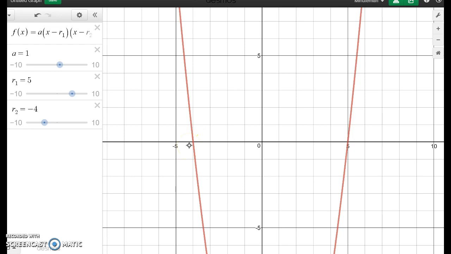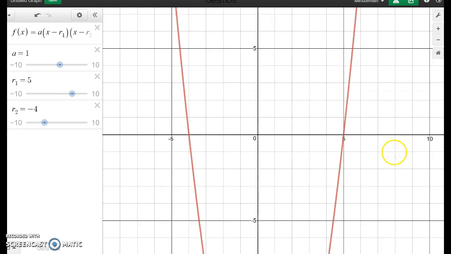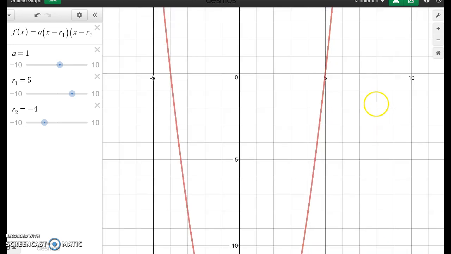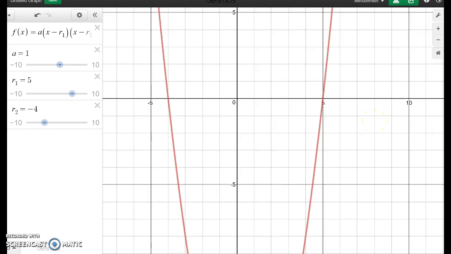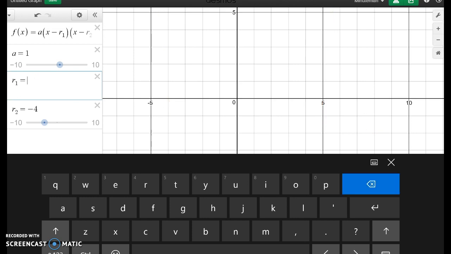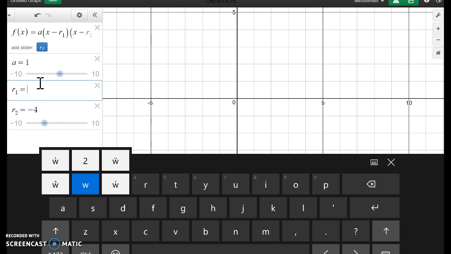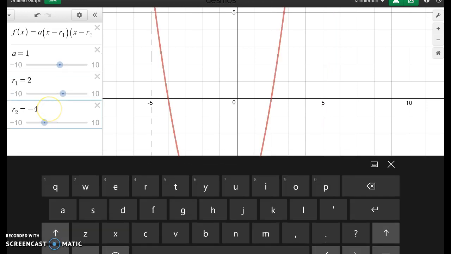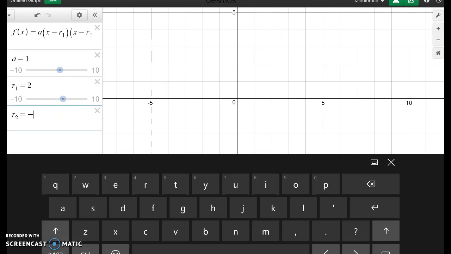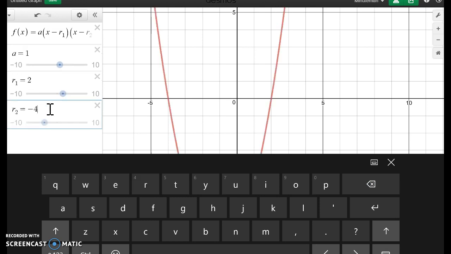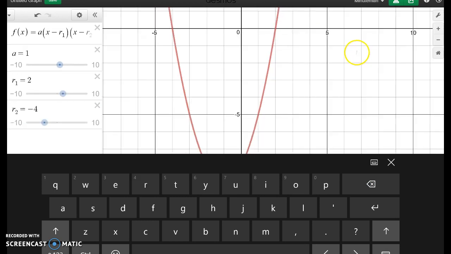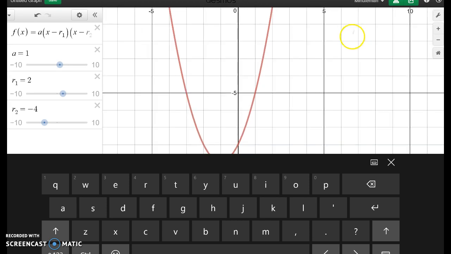So if we use this form, we can very quickly find what the roots are going to be. Now, let me quickly change these roots to something that we can work with. Let's make that 4. That'll work well enough.